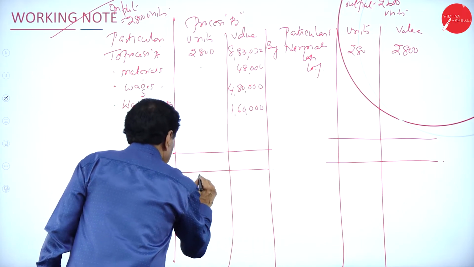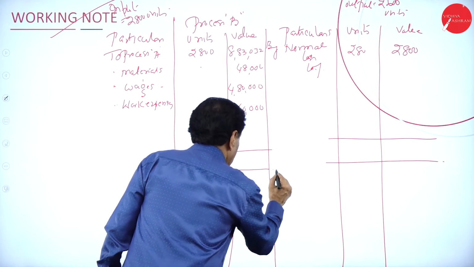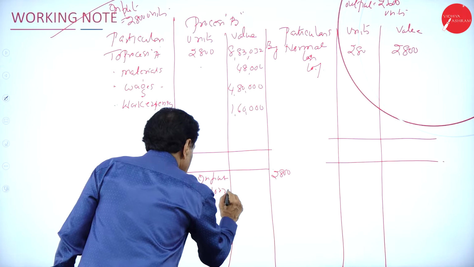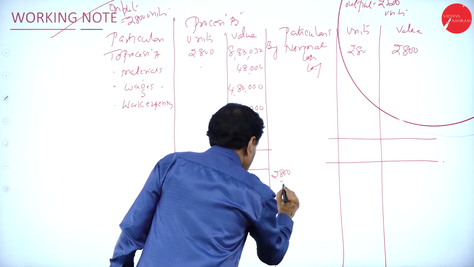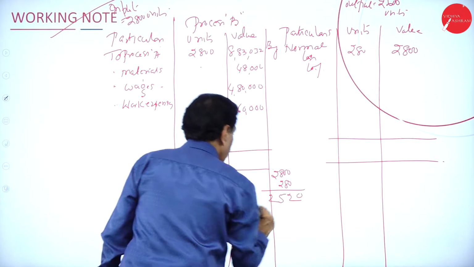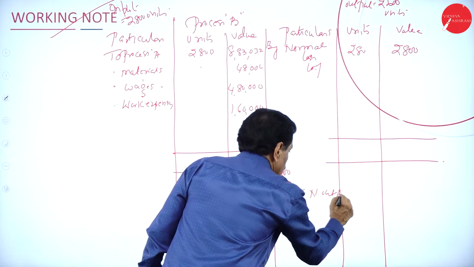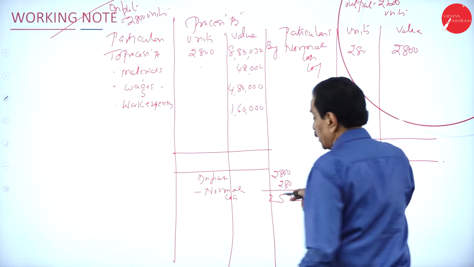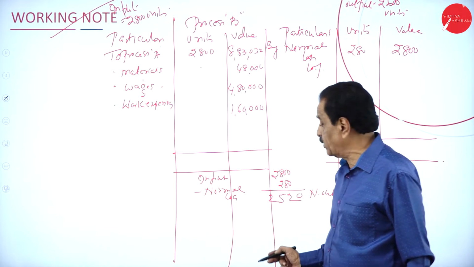Working out. Input 2,800 minus normal loss 280 deducted. 2,520 normal output. So 2,800 units, normal loss is 280. Normal output is 2,520.